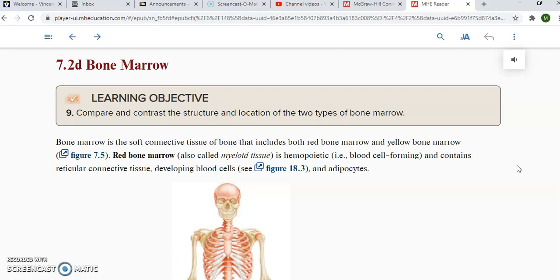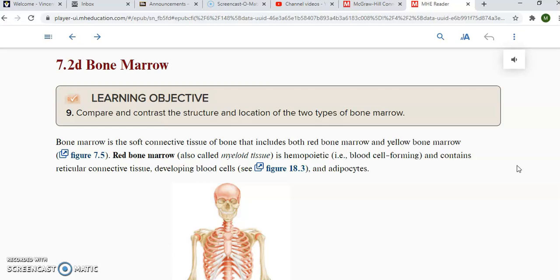But as we get older and finish growing and get the proper amount of blood cells being produced, we don't need all of our bone marrow producing them. Just certain bones will have a higher concentration of red bone marrow. The other bone marrow becomes yellow bone marrow, more of a storage site for energy, so the adipose tissue kind of replaces the red blood cells.